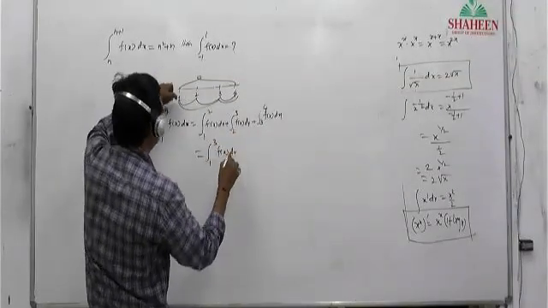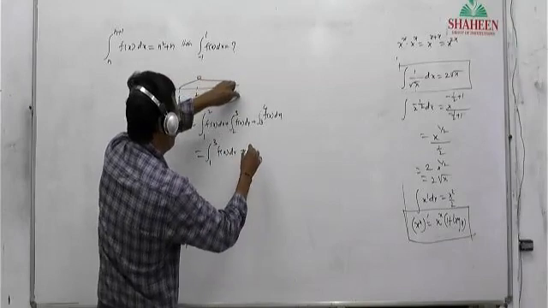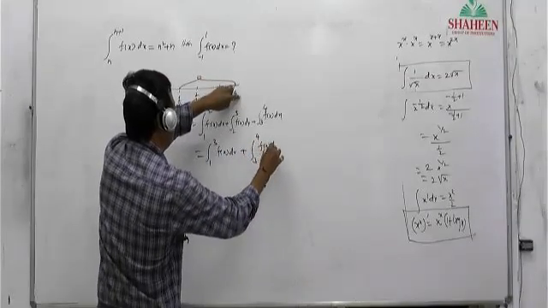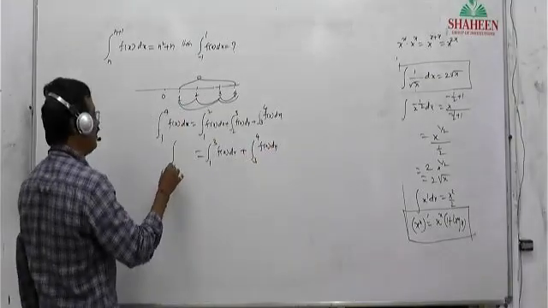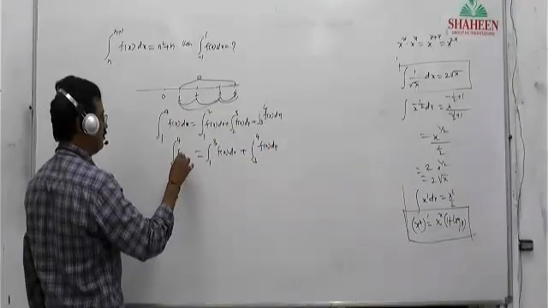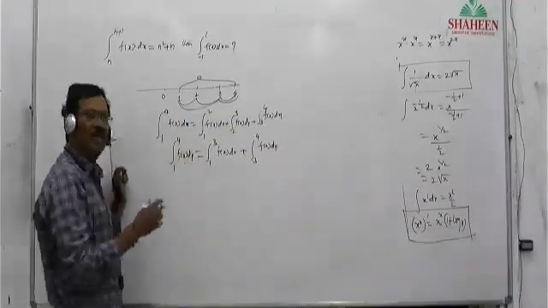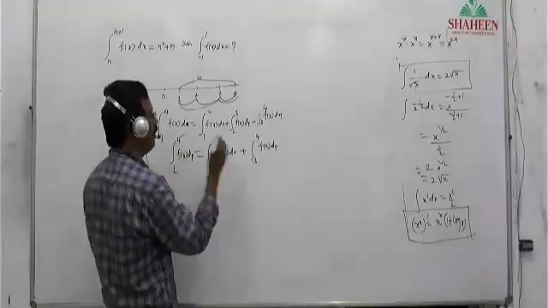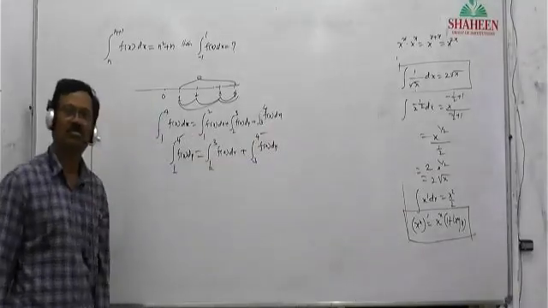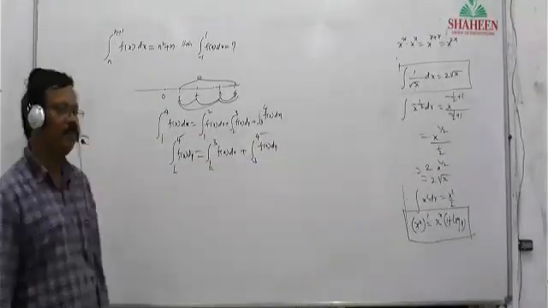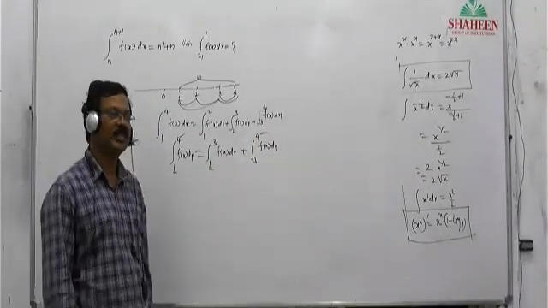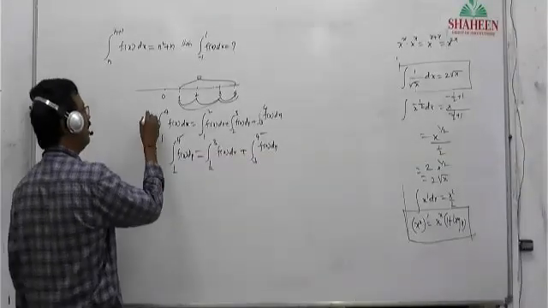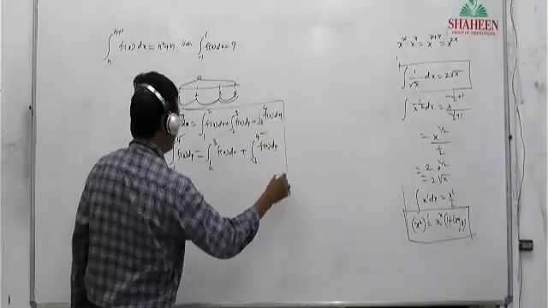Therefore, this integral we can split like this. The lower limit starts from 1 and the upper limit ends with 4. Any problem you can solve like this. Now, this is one important property.